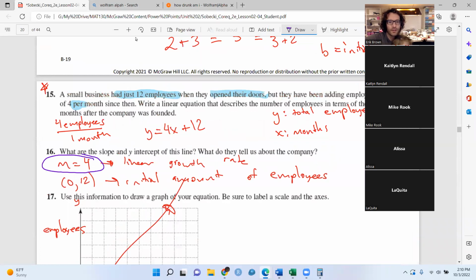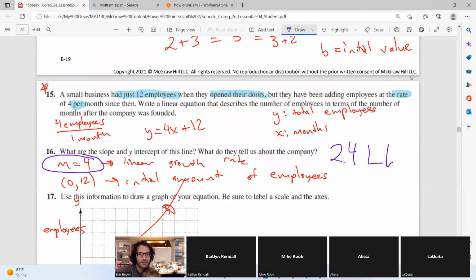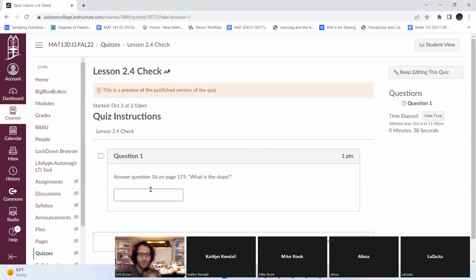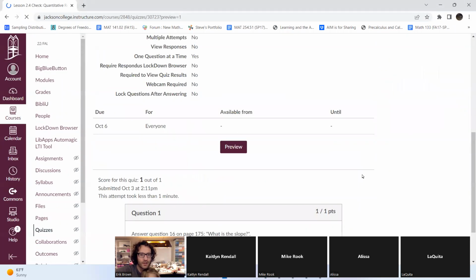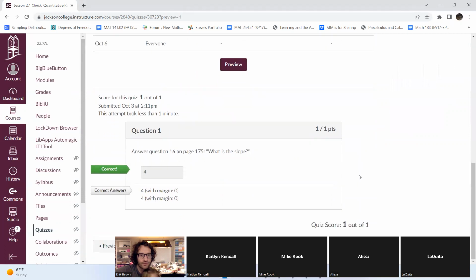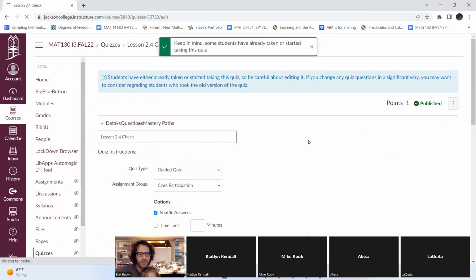So this is the 2.4 lesson check. What is the slope of this line? It is the number 4. Technically, it's $4 per pizza, but apparently Canvas doesn't like units. Hooray! Okay, what questions do you all have about what you've just seen?